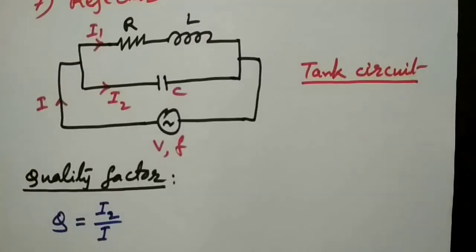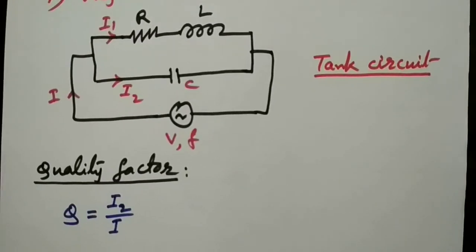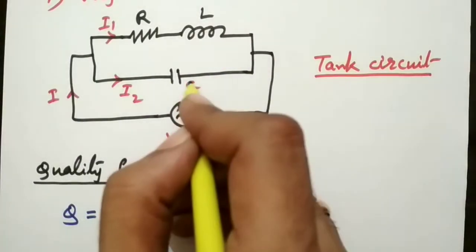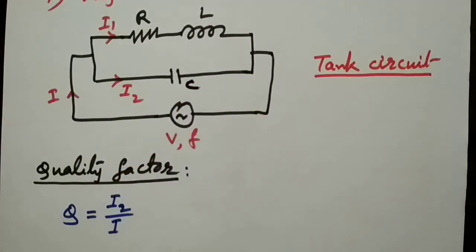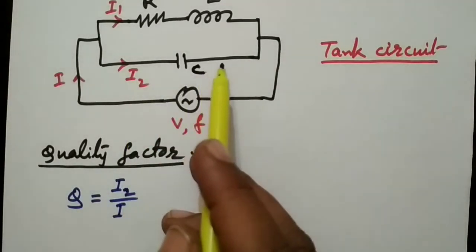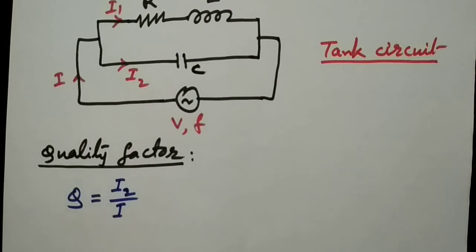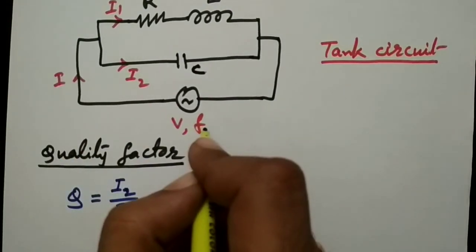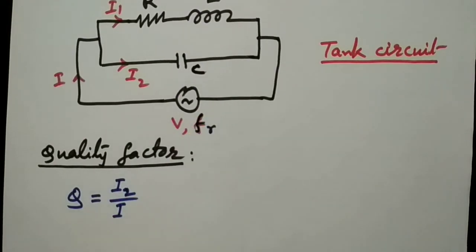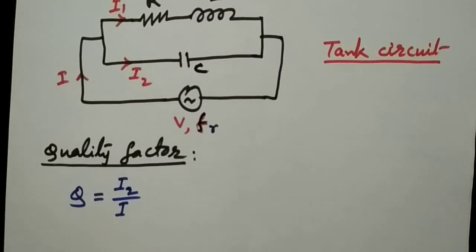So if we consider the tank circuit, that is the RL in one branch and capacitor in other branch, in this case the branch current, that means the current in the capacitive circuit I2, is much greater than the total current, that is I, and it will occur at resonant frequency. So FR is the resonant frequency. So this ratio is considered as a quality factor.